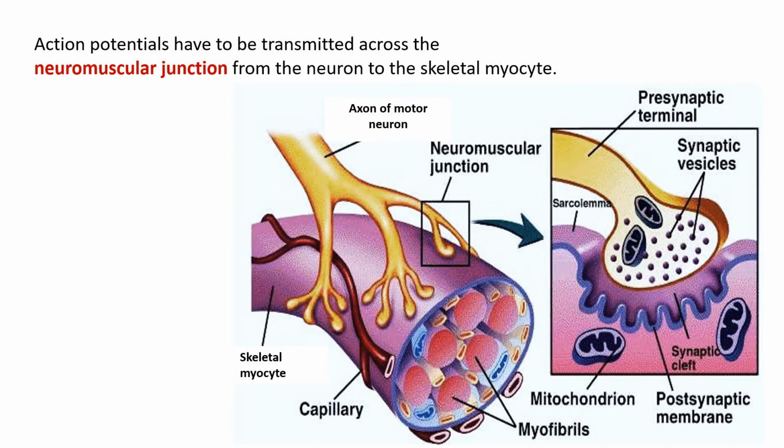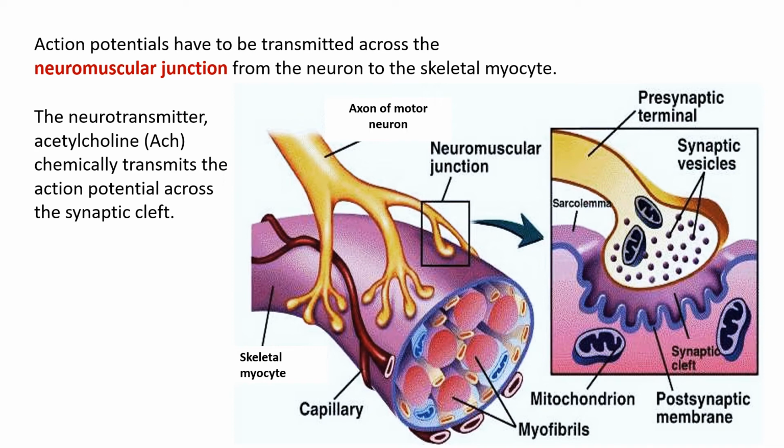So the potassium channels are open, the sodium channels are gated. Okay, so we've just had our action potential coming down a neuron. It's come down and down, down a neuron, and then it has to be transferred into a myocyte. And this happens at the neuromuscular junction. So our action potential is transmitted chemically from the neuron to the skeletal myocyte.